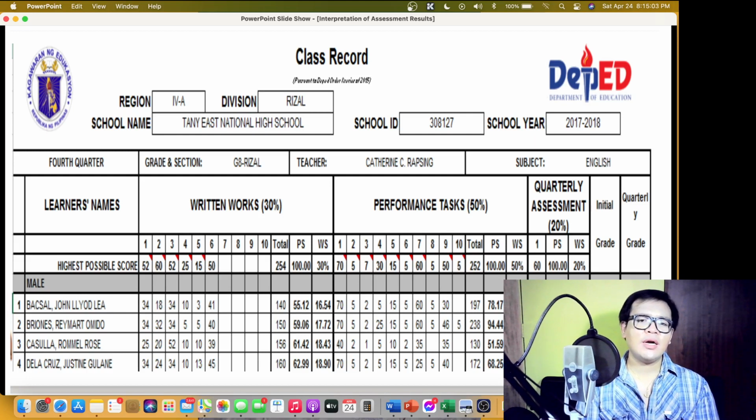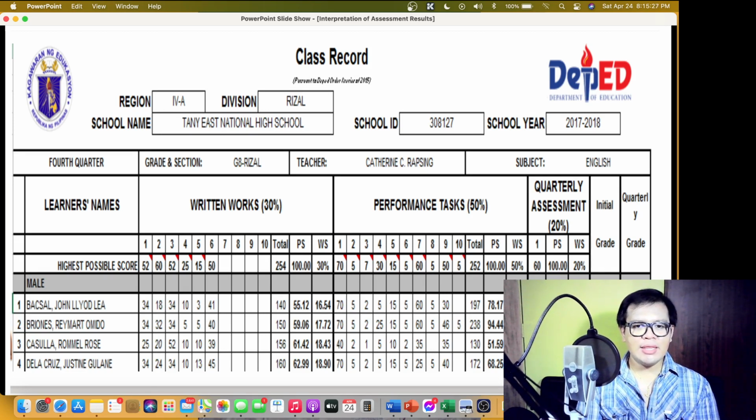As you can see, there is a class record, which is a good example coming from DepEd. And basically, educators will just have to fill in their respective boxes as to how it is being computed. Sometimes the class record is being utilized in a system. Informatics plays a very important role in record keeping as well as the data privacy of our students.